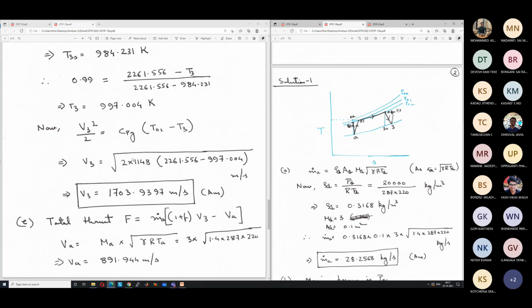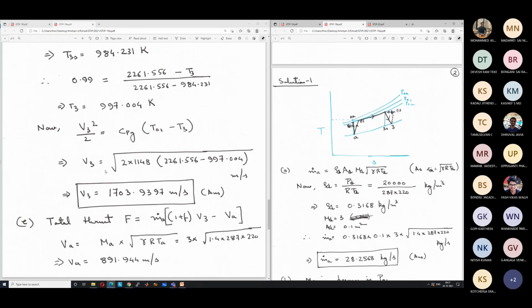V3 is equal to square root of 2 into 1148, which is CPG, into T02, which is 2261.556, minus T3, which is 997.004. Here again, I have seen a lot of students make a mistake. They write 1.148 and their velocity comes out to be a very small value. So you have to be careful with the units.